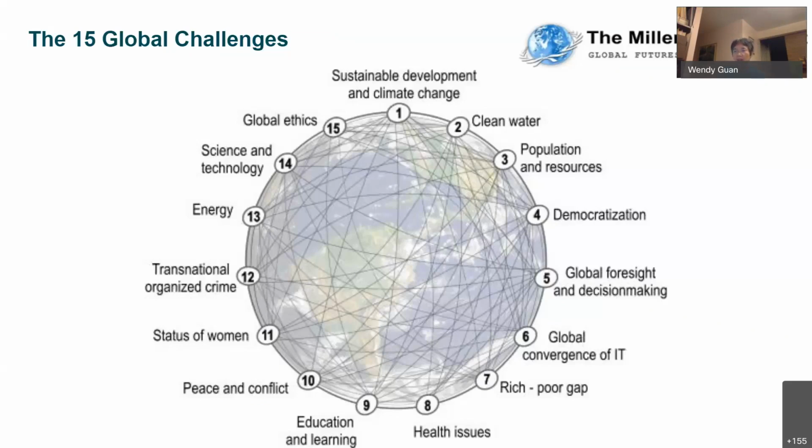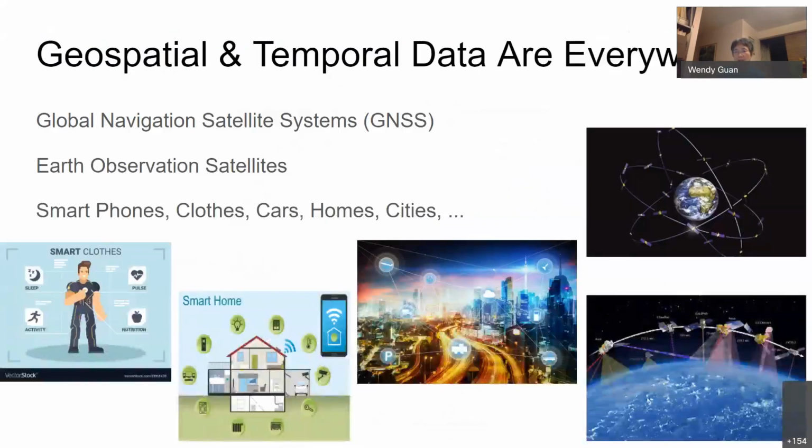Conflicts, organized crime, energy, you name it. All of these have a spatial component. So understanding our world in the spatial way is the key to solving these problems.